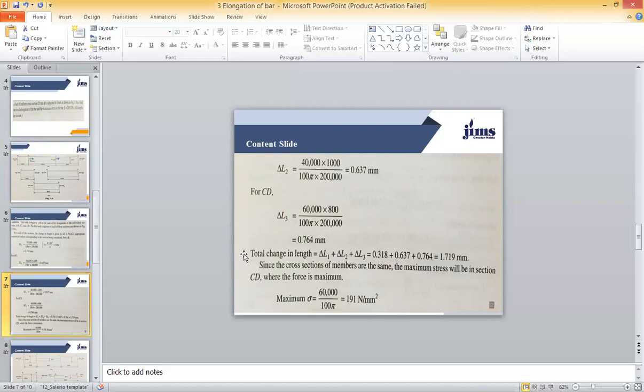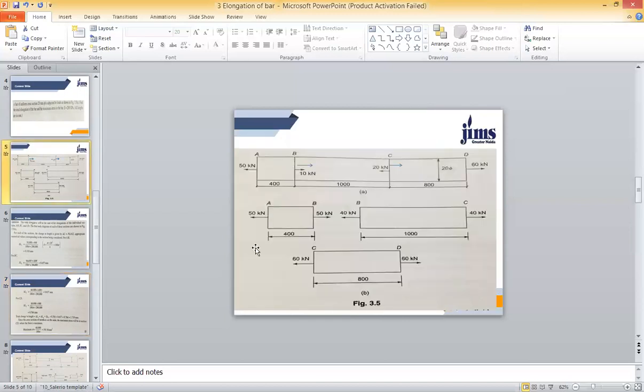Okay, but I will tell you something. If you see in the figure, there is only tensile force on the bars, no compressive forces. So we take all the elongations to find out the total elongation of the bar.